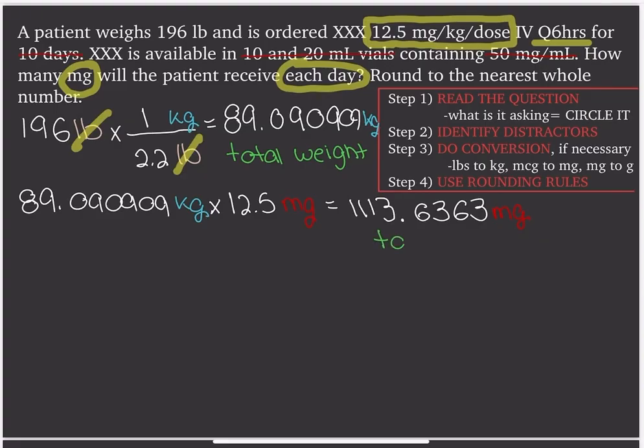And that number represents the total amount of milligrams for the total amount of weight that your patient is. So you can go back up to your problem and you can cross 12.5 milligrams per kilogram out.